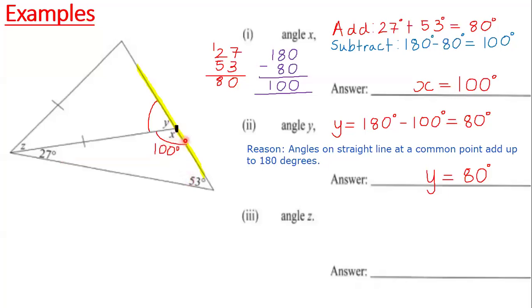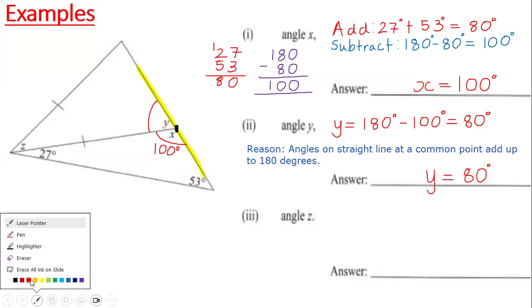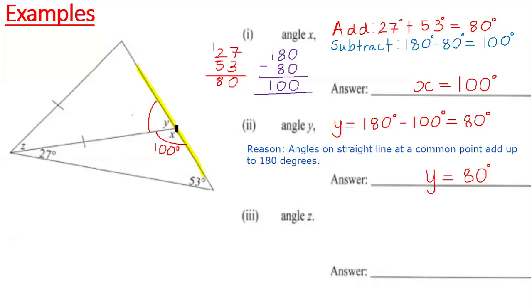So once we have x, we can say these two angles are on a straight line at a common point, then y is equal to 80. You understand me? Yes, sir. Now I understand. Okay, so class, what is y equal to? 80 degrees. Very good.